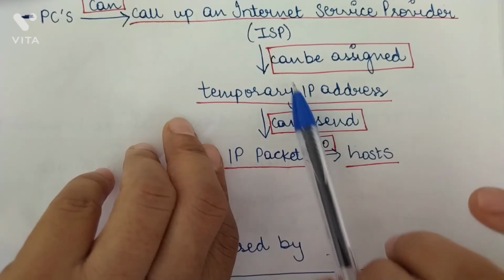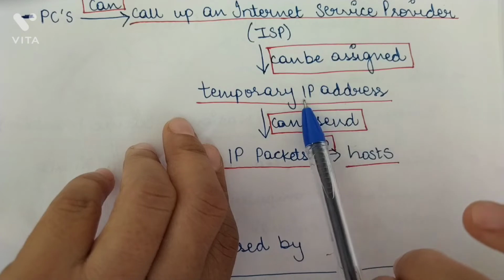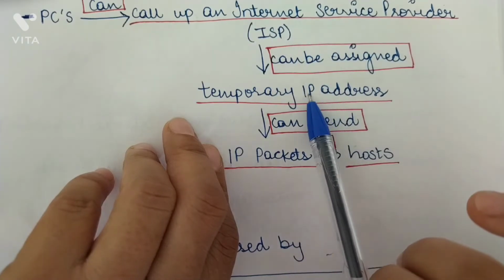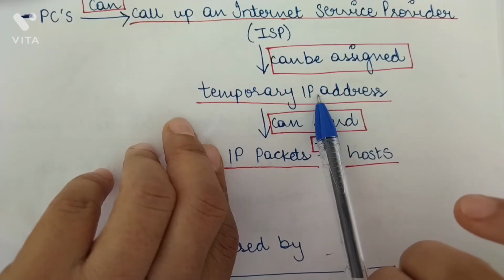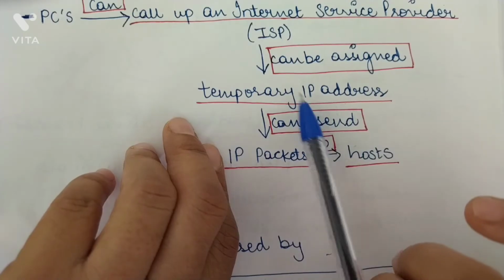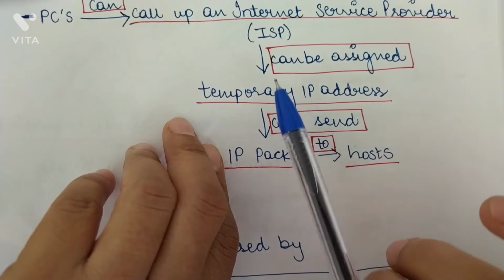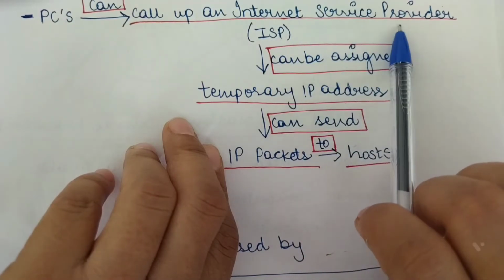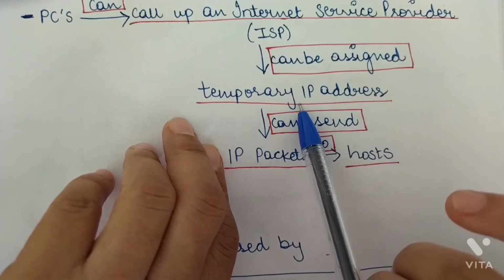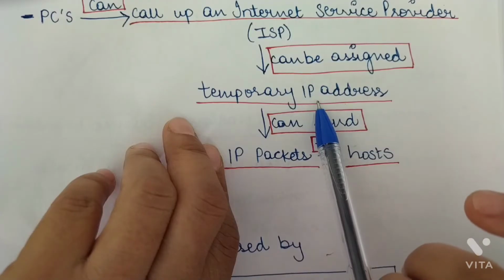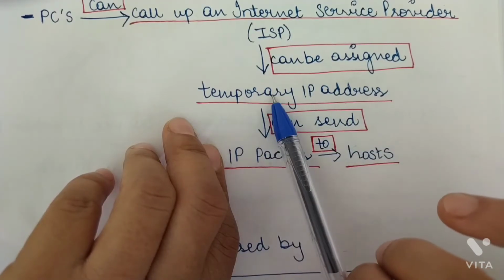For example, right now you are using the internet, and your internet service provider has provided you a particular IP address. But if you disconnect from the internet and next time you call up the internet service provider for a connection, then you will be assigned a different IP address. That is why I say temporary IP address.